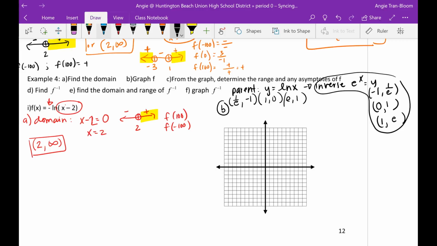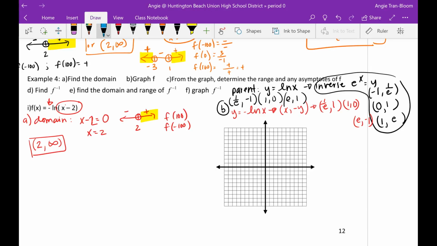Then the next equation is y equals negative natural log of x. This is a reflection over the x-axis. That means y is changing. So if y is changing, all my y values are now negative. So 1 over e, negative 1 is now positive, okay? Well, the 0 is still going to be 0, and e comma negative 1.